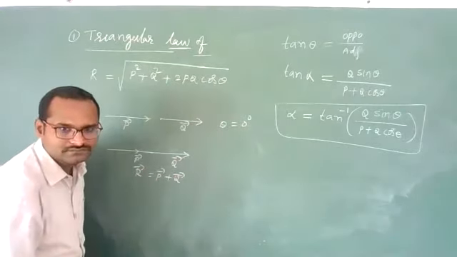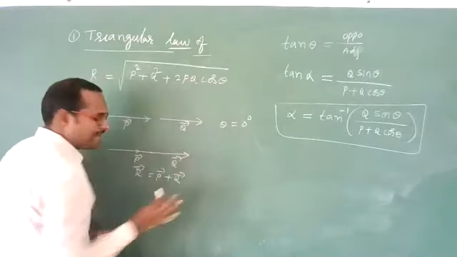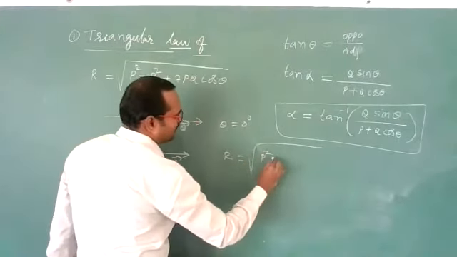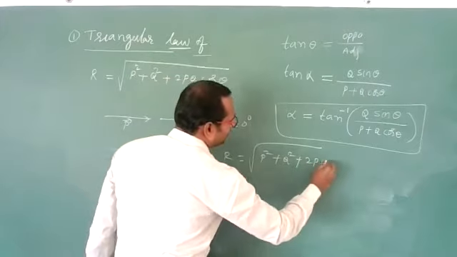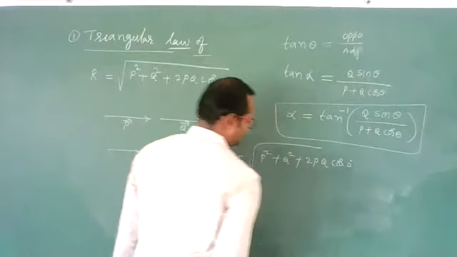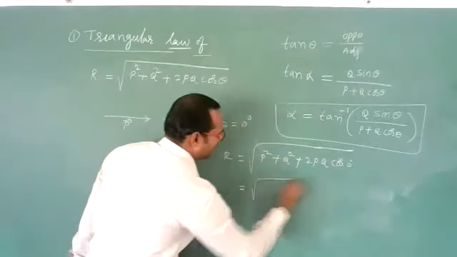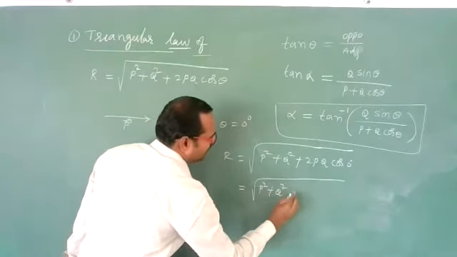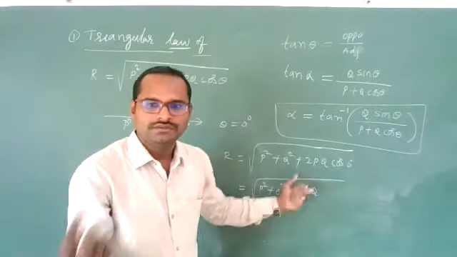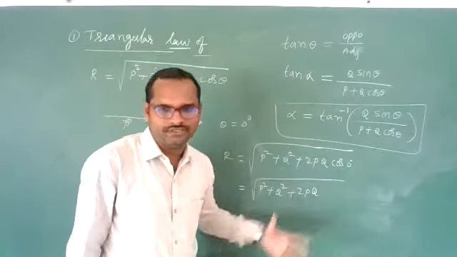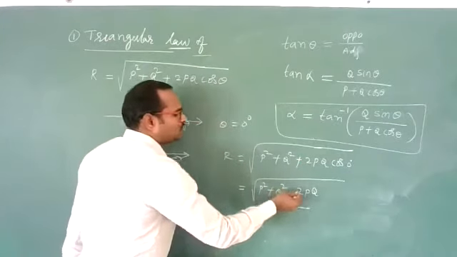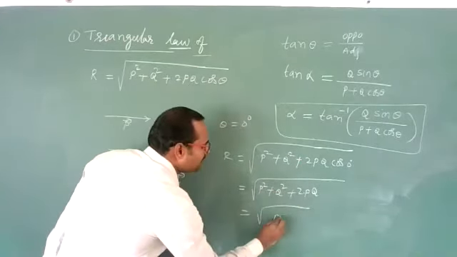Now substitute the magnitude. Graphically, how much is the magnitude? R is equal to root of p square plus q square plus 2pq cos of the angle. The angle between these two is how much? 0 degrees. So you will get root of p square plus q square plus 2pq cos 0 degrees, and cos 0 degrees is 1, so 1 into 2pq gives 2pq. Again, we can write this as p square plus q square plus 2pq is p plus q whole square.